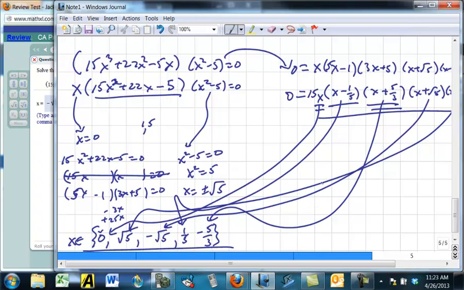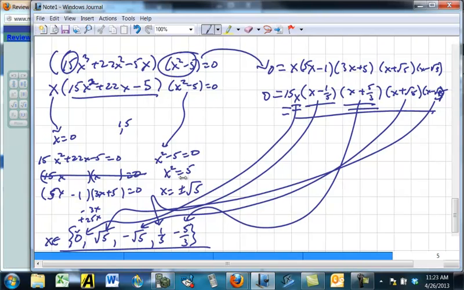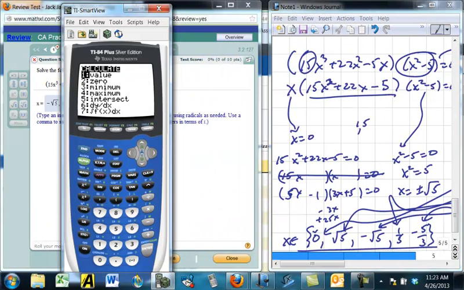Of course, our leading coefficient when we factor is going to be, if you multiply this out, 15x to the 5th. So there's our 15. What about the other two factors? Our other two factors are the things that make up x squared minus 5. And so those are x plus the square root of 5 and x minus the square root of 5. Of course, the square root of 5 we'll see on our last one.